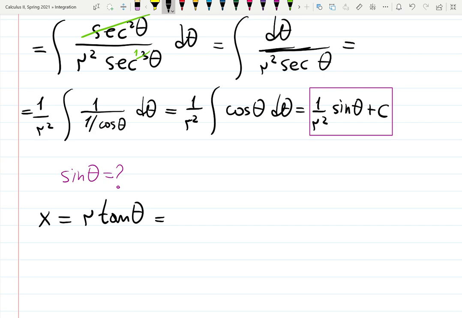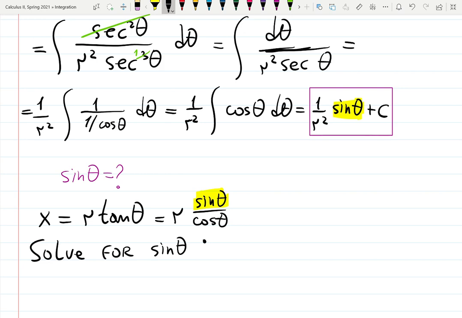That means that x is just r sine theta over cosine theta. Okay, so that's good. We actually need this piece. We need sine theta. We need to find sine theta in terms of x. So let's solve for sine theta.